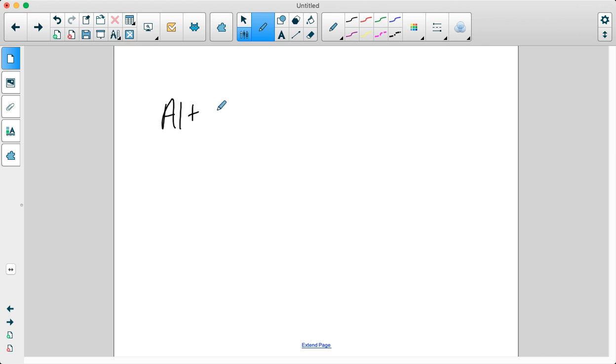Aluminum plus, I don't know, iron oxide. We'll get some iron plus aluminum oxide. And I need a 2 here, 2 here. Now we're balanced.